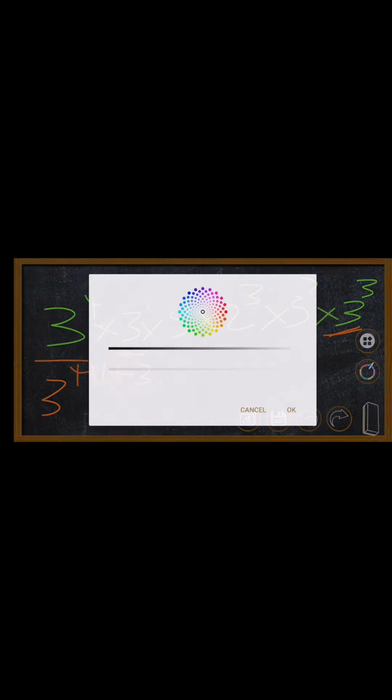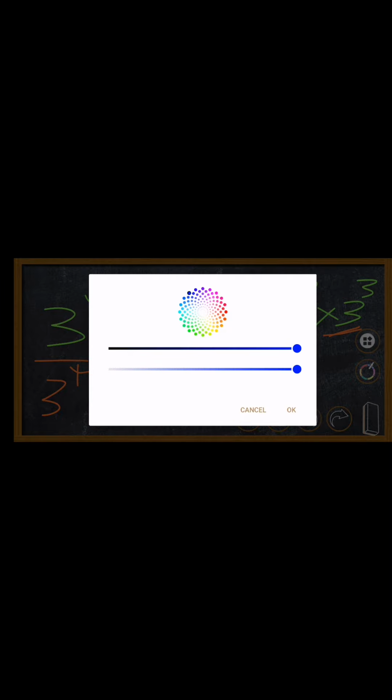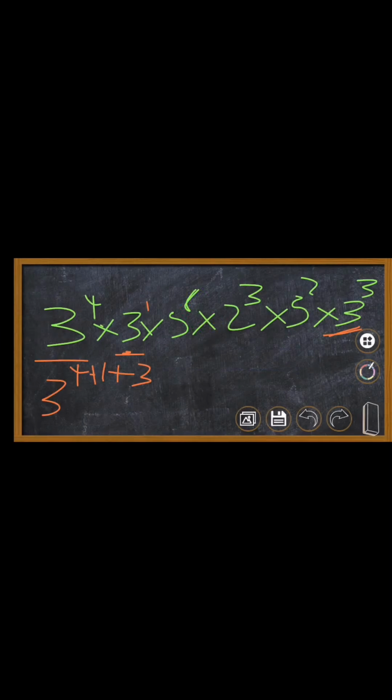And then we take another color and we look for other common bases. So we have 5 and 5. So times, there's a dot there, 5 to the power of 8 plus 2, and we get that our answer is 5 to the power of 10.